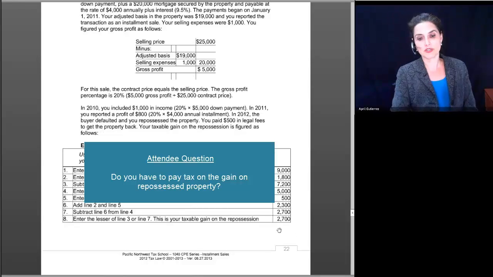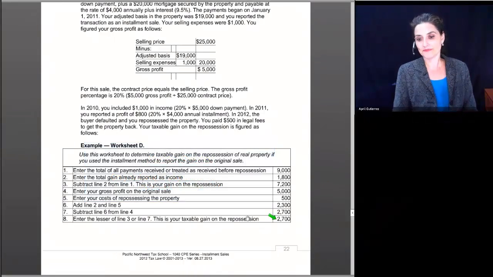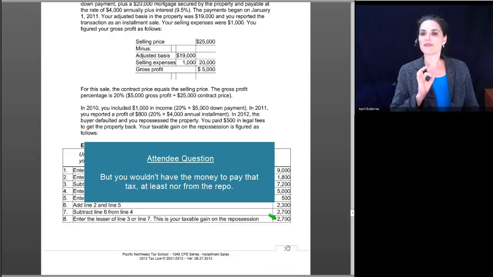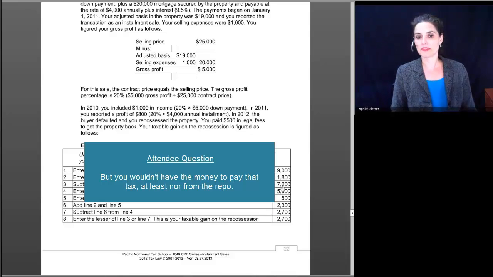So in our situation here, we have $2,700 of income from the repossession that is treated as income in that year. I can see some logic in what you're saying, but the IRS is saying in the life of that contract, you actually received $9,000 of payments, and you've only included $1,800 of those payments in your income at the time of the repossession.